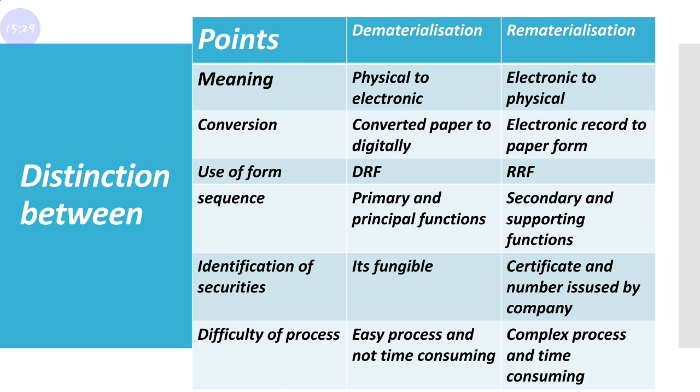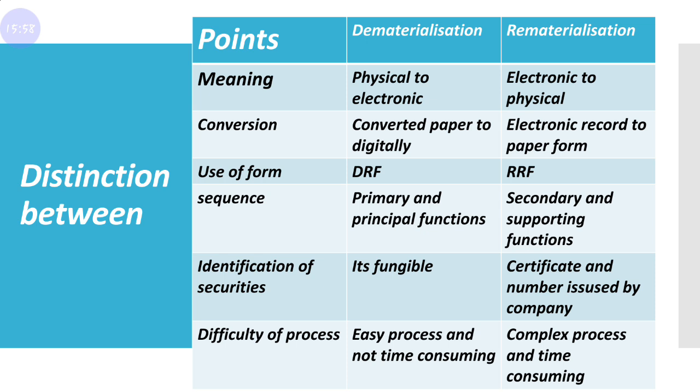Next is identification of securities. Now in dematerialization, demat securities have no distinctive numbers. They are fungible in nature. उनके पास कोई सीरीज वाइज नंबर नहीं होता है क्योंकि ऑनलाइन इतने सारे लोग एट अ टाइम लॉग इन करते हैं, शेयर्स परचेज करते हैं, सेल करते हैं. तो it becomes very difficult for the company to maintain the record of this in the series or in the distinctive numbers.